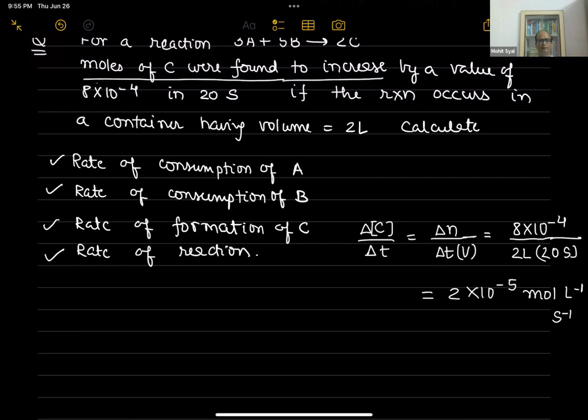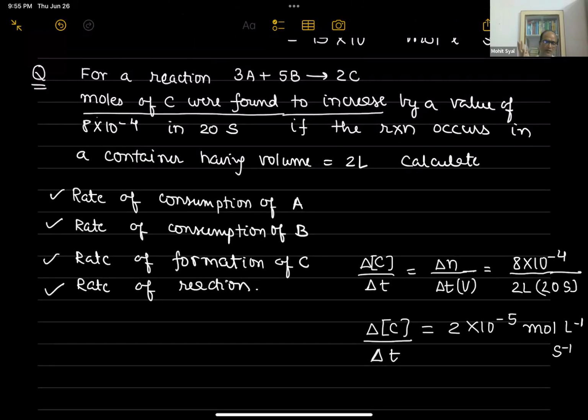Got it? Now you can have different values for A and B because their coefficients are different.